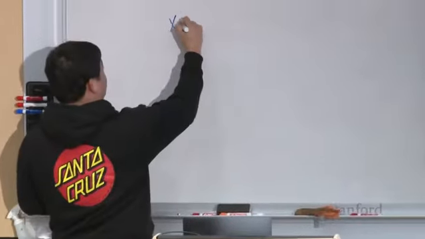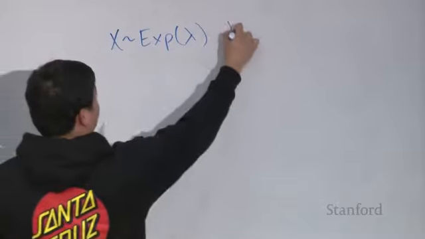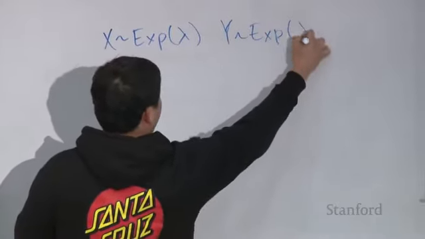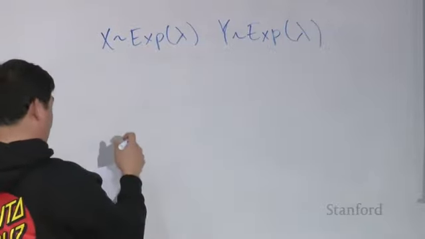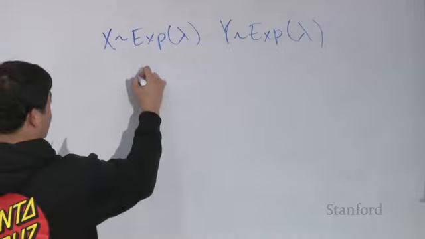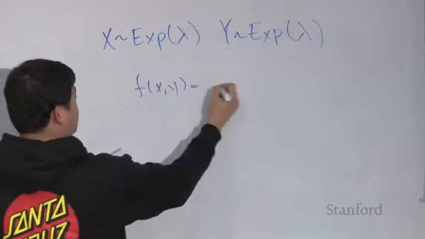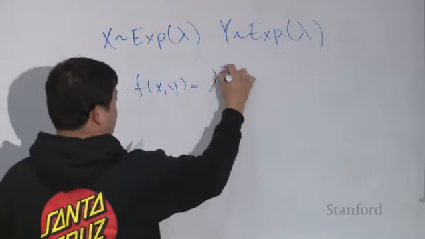if x is distributed exponentially with parameter lambda, and y is distributed exponentially with parameter lambda, then I can say that the joint density is equal to this.